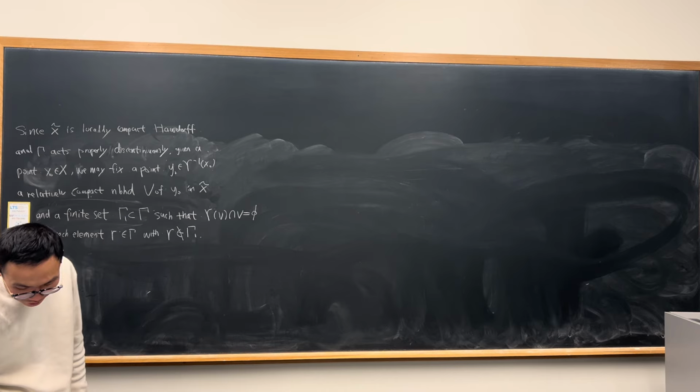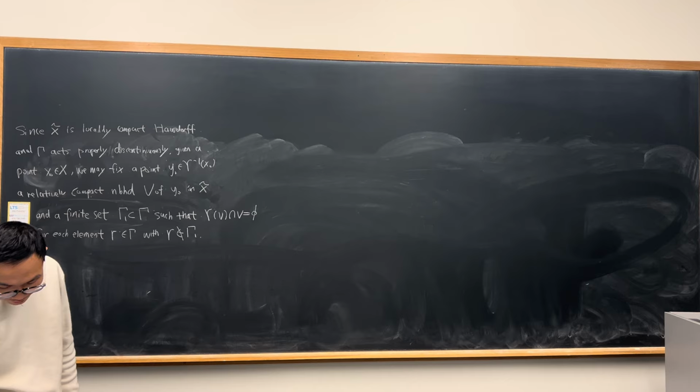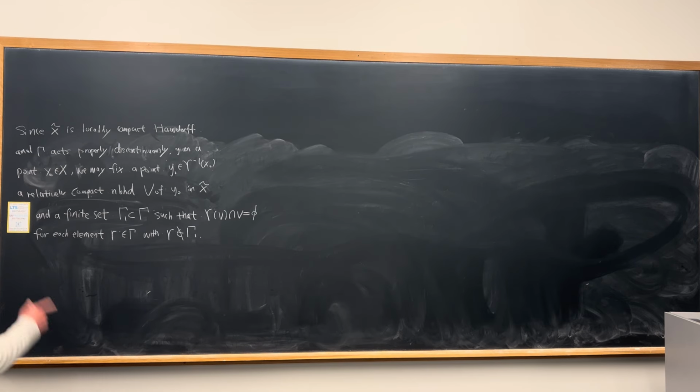In the question prompt, it says gamma is a subgroup of the group of self-homeomorphisms of x tilde that acts properly discontinuously and freely on this x tilde.